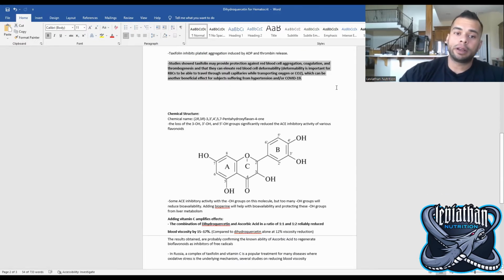So another take-home point here for taxifolin: a lot of these studies show that taxifolin may provide protection against red blood cell aggregation, coagulation, and thrombogenesis, and that it can elevate red blood cell deformability. Again, the importance is for these red blood cells to be able to travel through small capillaries while they transport oxygen or carbon dioxide, which can be another beneficial effect for subjects suffering from hypertension, or this word that I can't say or I get flagged.